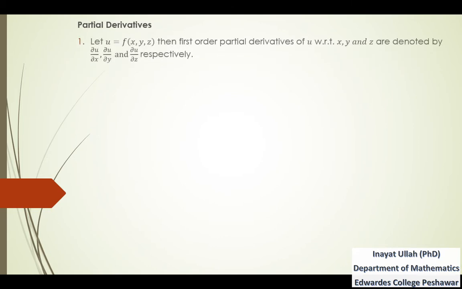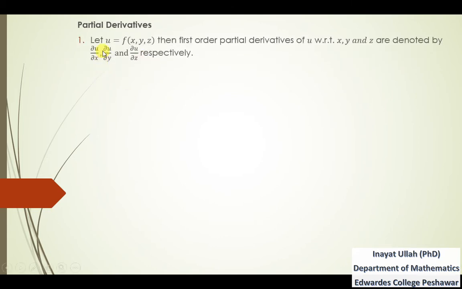Students, in this lecture we will proceed with the topic partial derivatives, as we studied in the previous lecture how we could define partial derivative. Some notations were also shared with you.